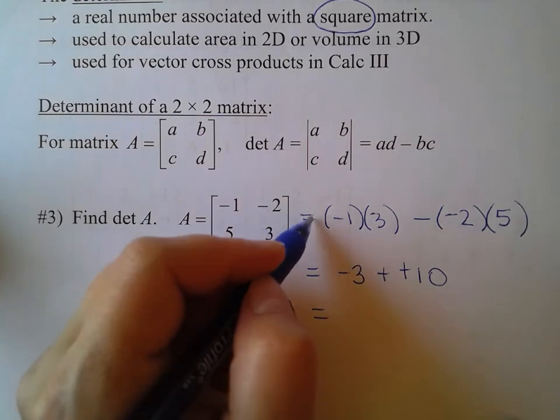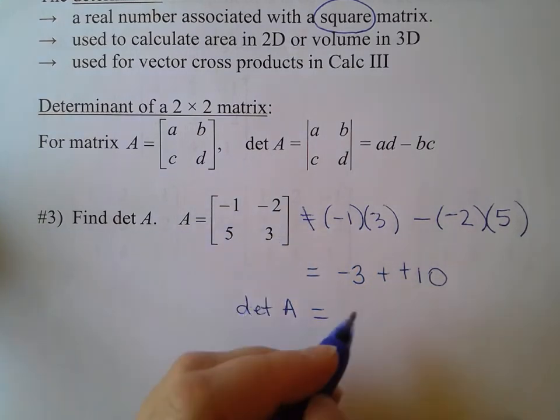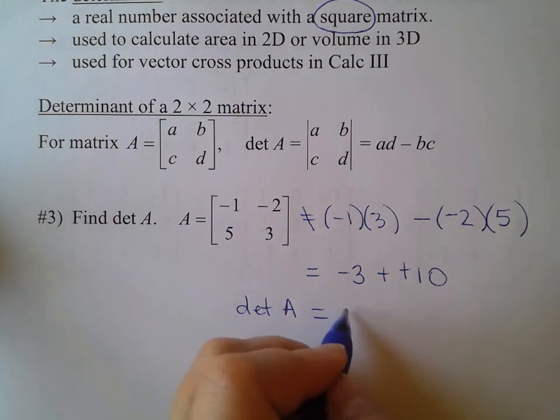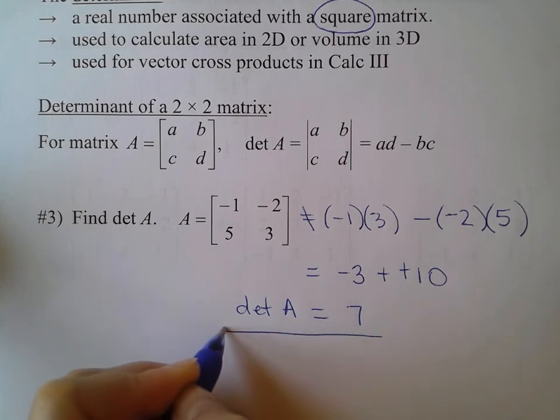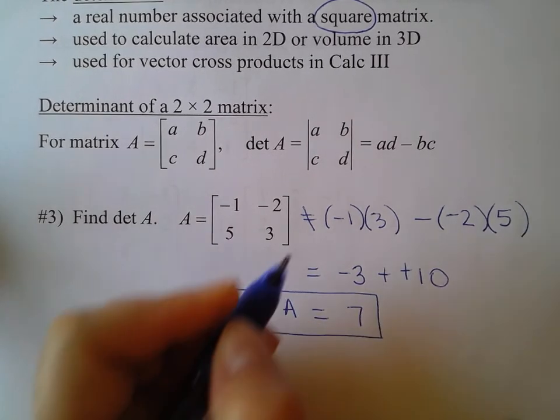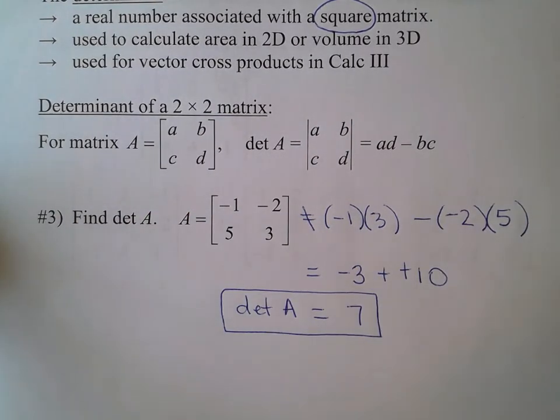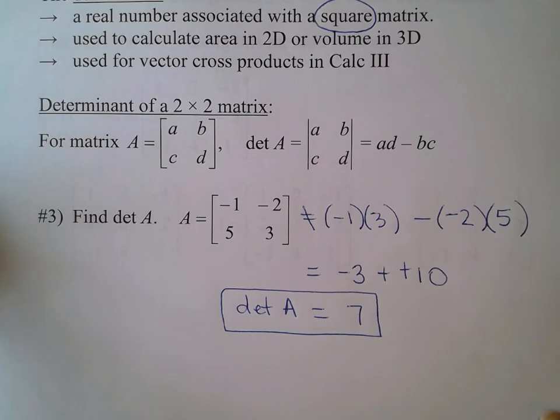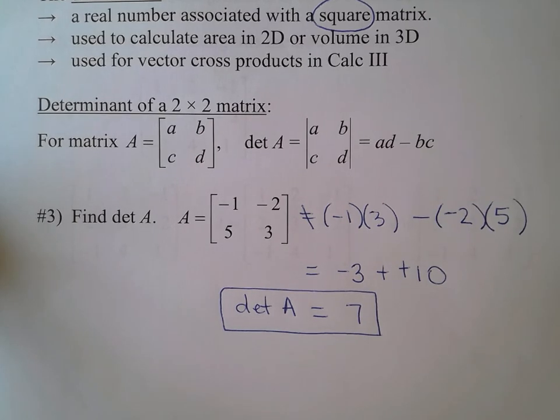I probably shouldn't have put an equal sign there. All right. The determinant of A is 7. Yeah, I'll just leave it. Okay, so that's for a 2x2. That uses the same process for any matrix of that size.